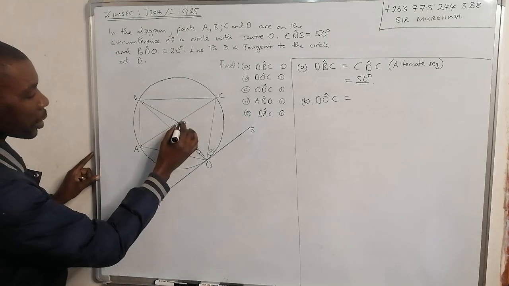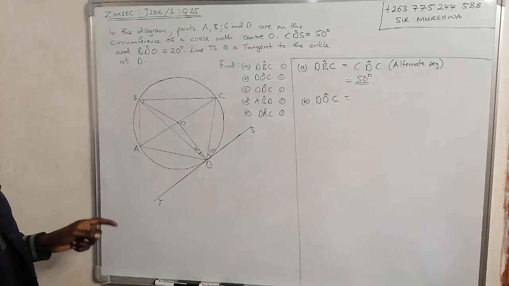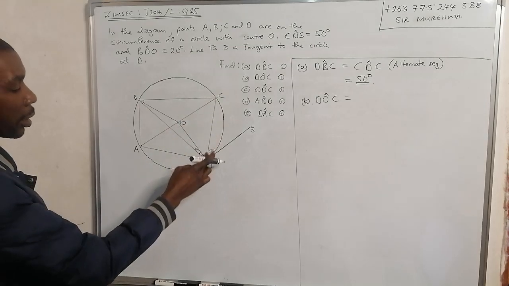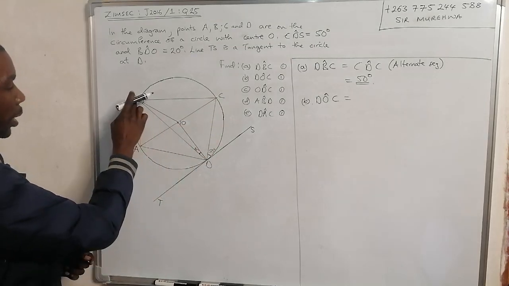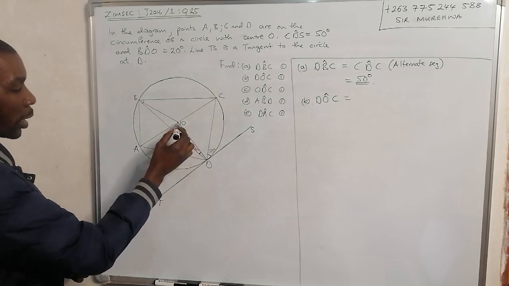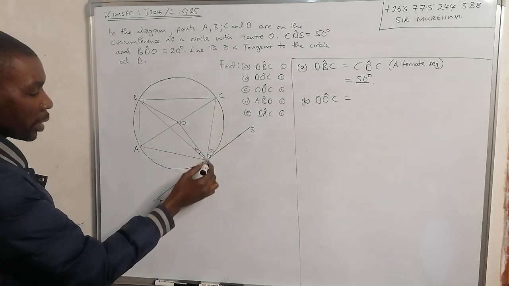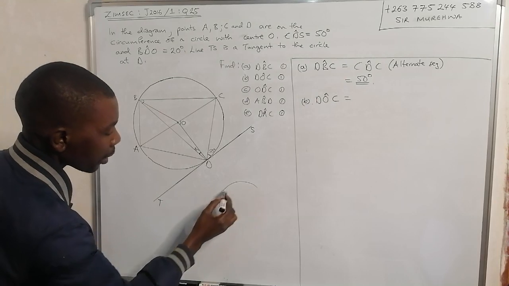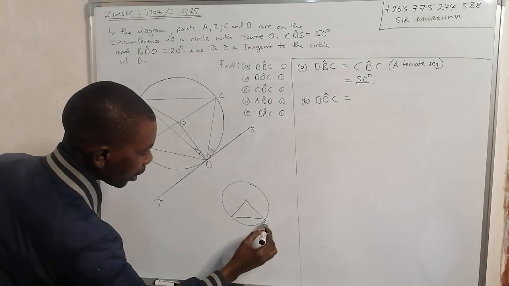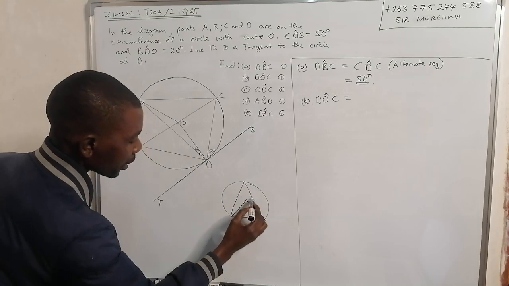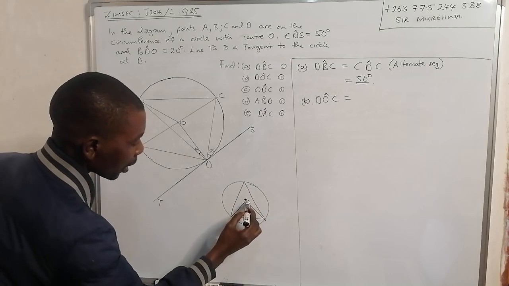DOC. We want this angle, but we can see that DC is subtending an angle at B and an angle at O. We can use the theorem: an angle at the center is twice an angle at the remaining part of the circumference.